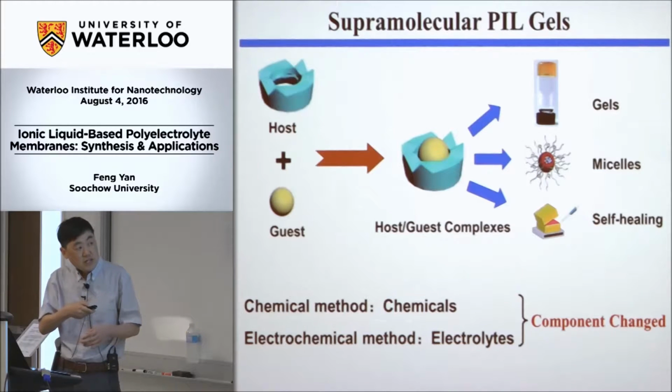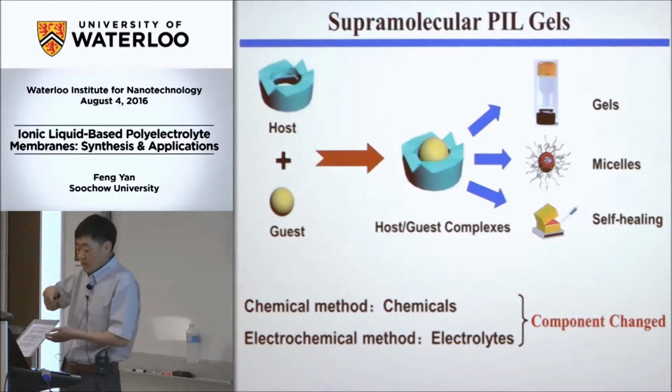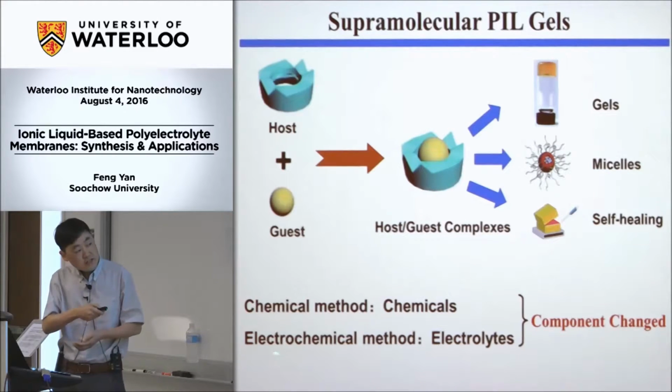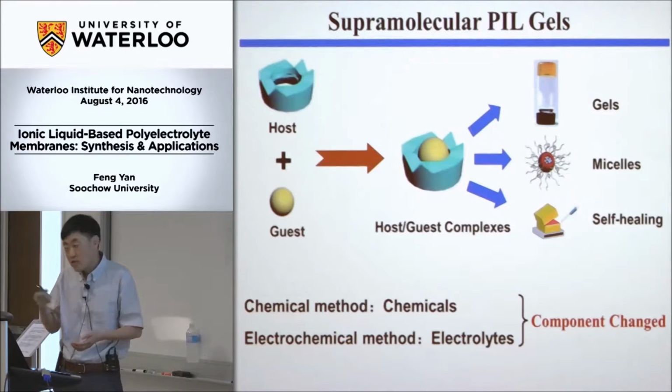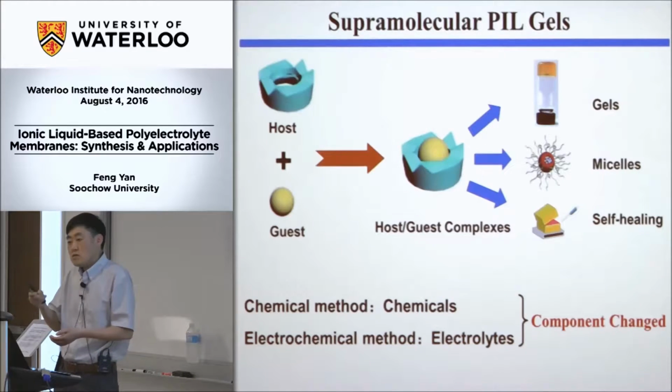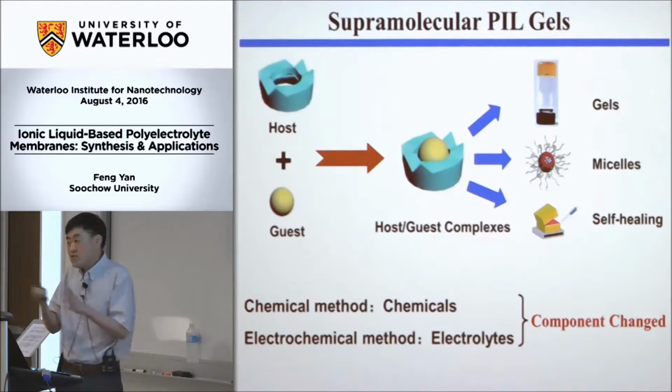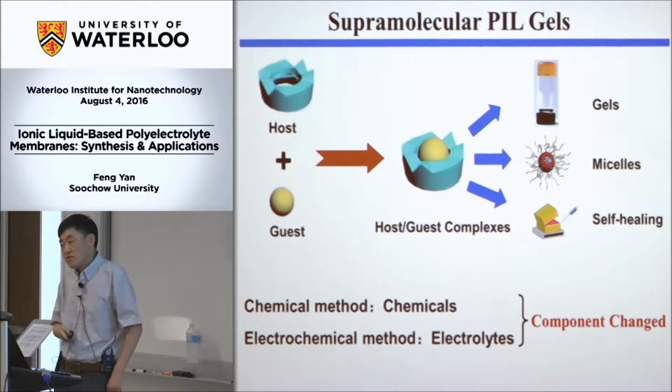In the chemical case, you need to add chemicals like oxidant or reductant. And in the electrochemical case, you need to add electrolytes like lithium chloride. But in both cases, the components of the system will be changed because you need to add some new chemicals into the system.